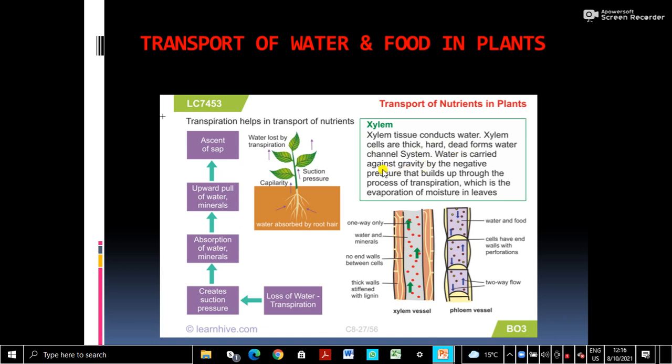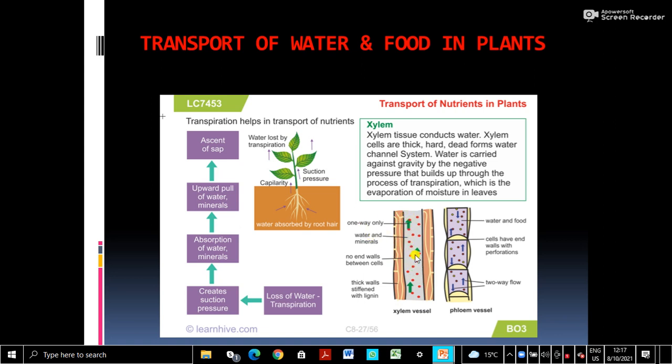Water is carried upwards against gravity by the negative pressure that builds up through transpiration, which is the evaporation of moisture in leaves. So this is how water is pulled and pushed upwards, one way, unidirectional.